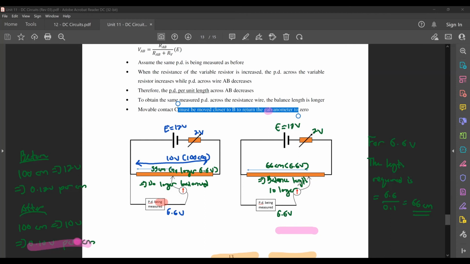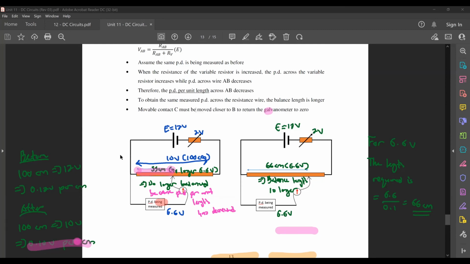So this one here, the old one, at this length, 55 centimeter, the arrow here is no longer 6.6. It's no longer balanced, because PD per unit length has decreased.